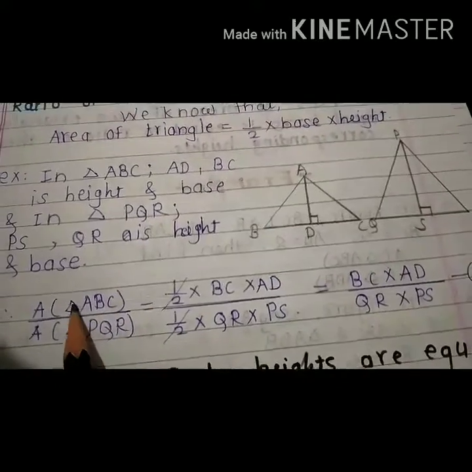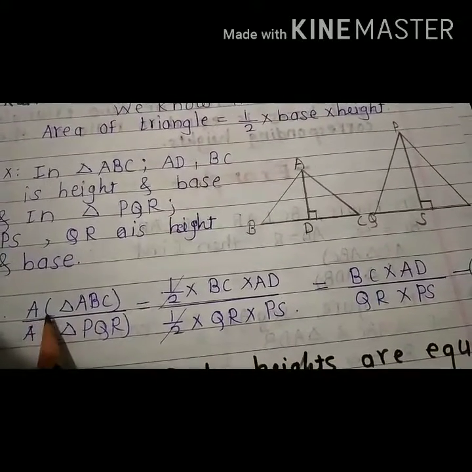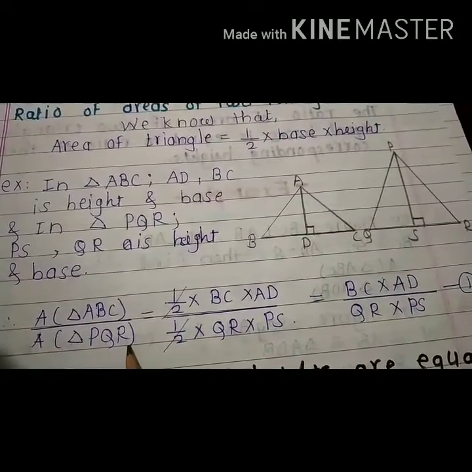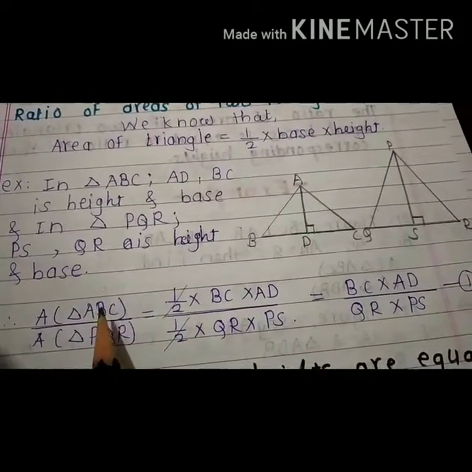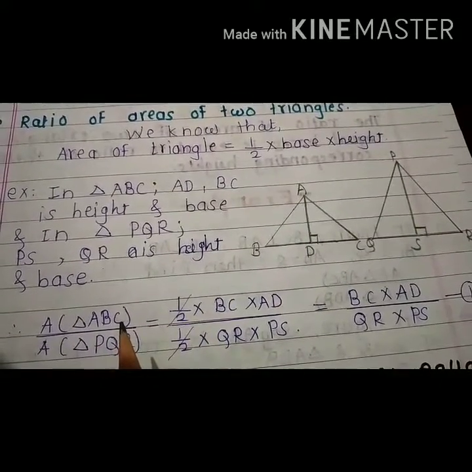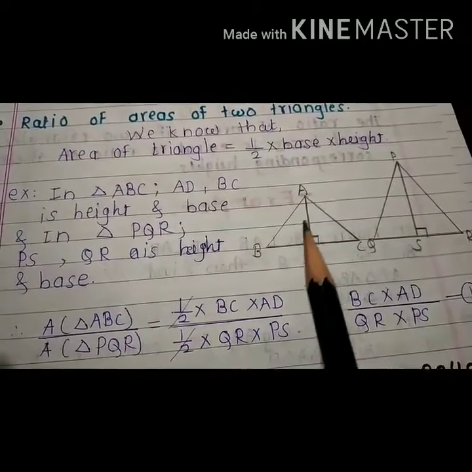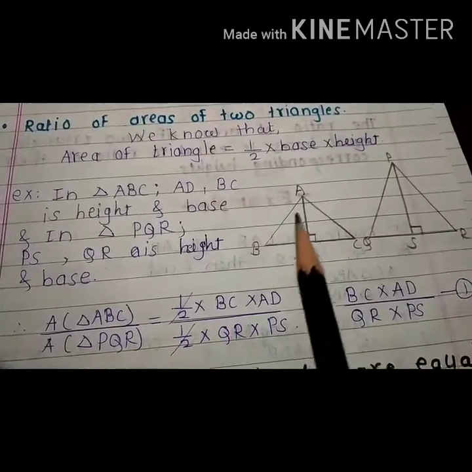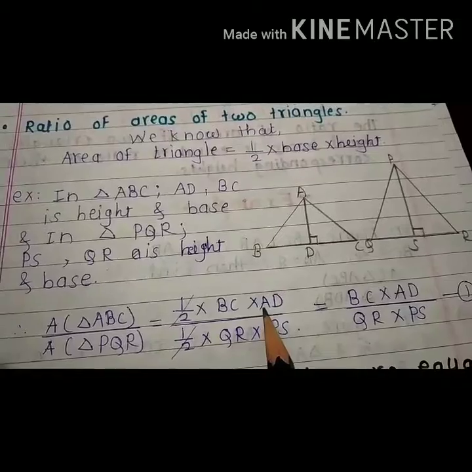Okay, if we take the ratio area of triangle ABC upon area of triangle PQR, according to our formula, area of triangle ABC is equal to half into base BC into height AD.